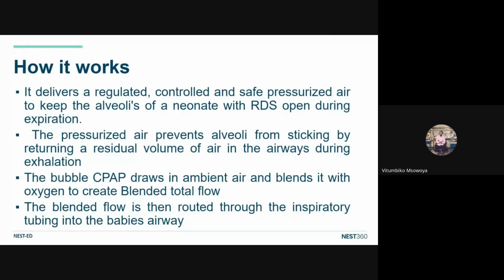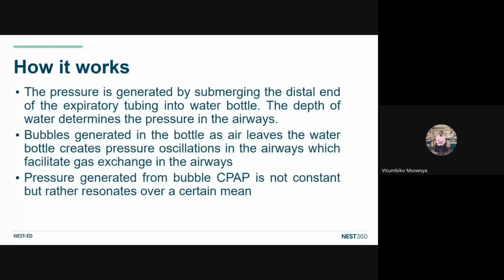So we use tubings to deliver this precise pressurized air. We might be wondering how pressure is generated. Pressure is generated by submerging the distal end of the expiratory tubing into the water bottle. The water bottle is the pressure bottle. The depth of water determines the pressure in the airways.